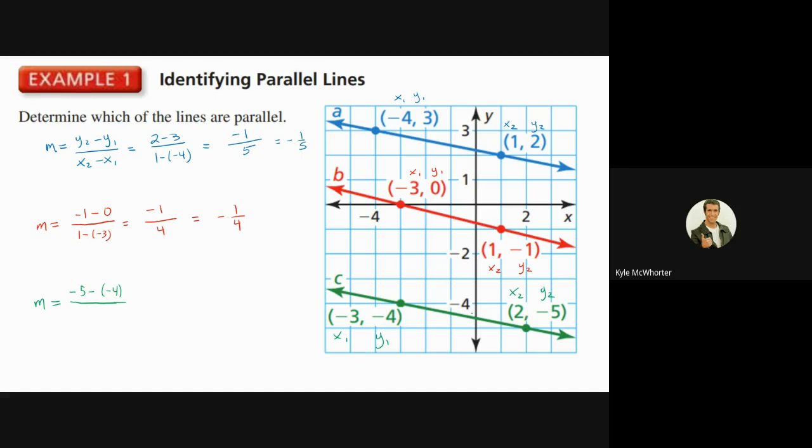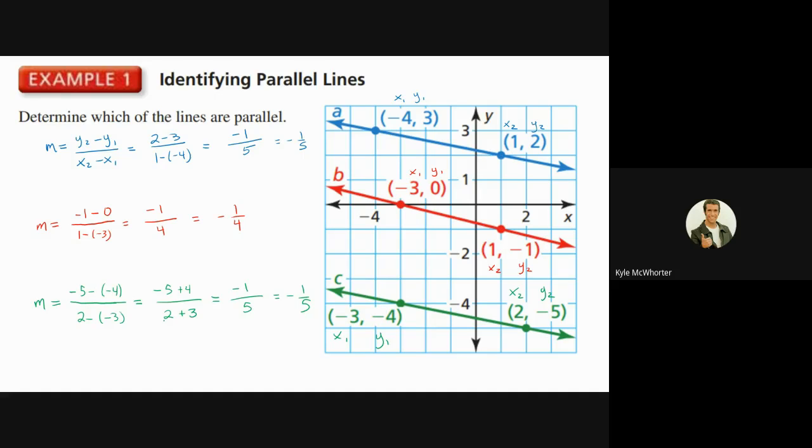And x2 minus x1 would be 2 minus negative 3. Okay, so subtracting a negative is positive. So this is going to be negative 5 plus 4. And this is going to be 2 plus 3. Negative 5 plus 4 is negative 1. And 2 plus 3 is 5. So our slope here is negative 1/5.